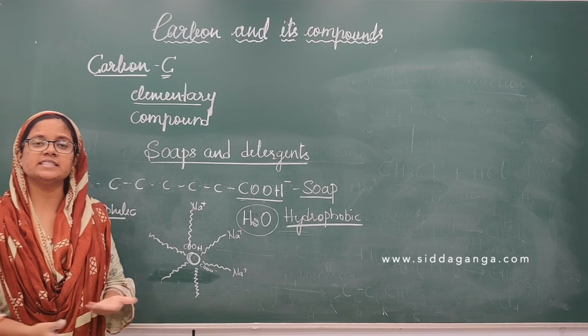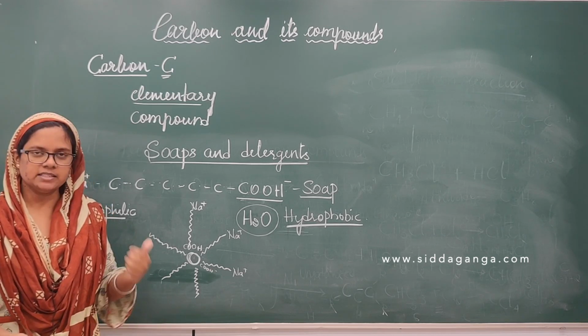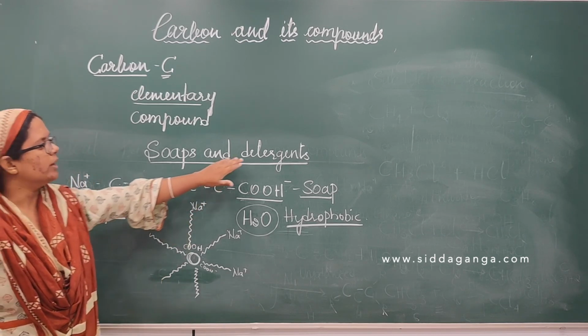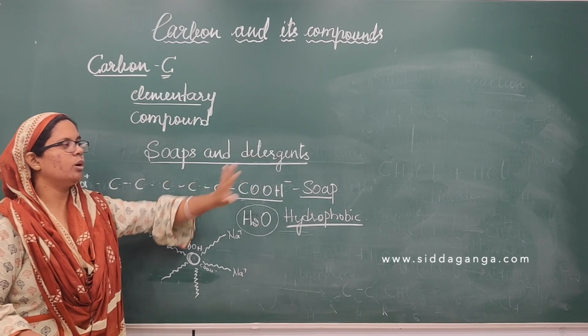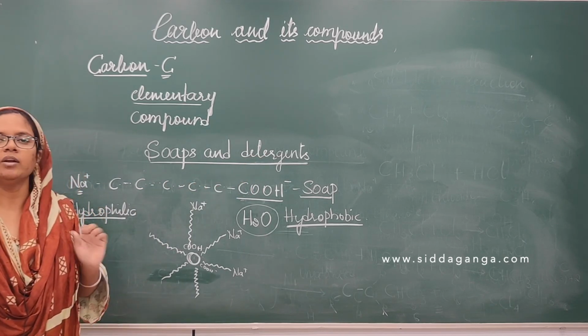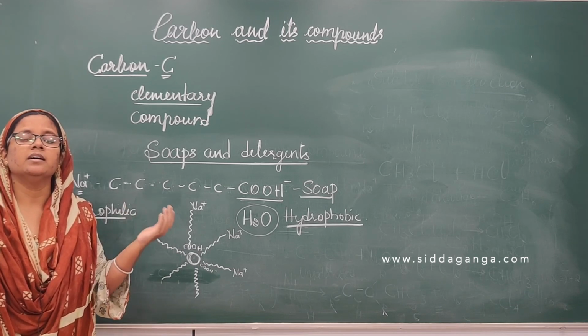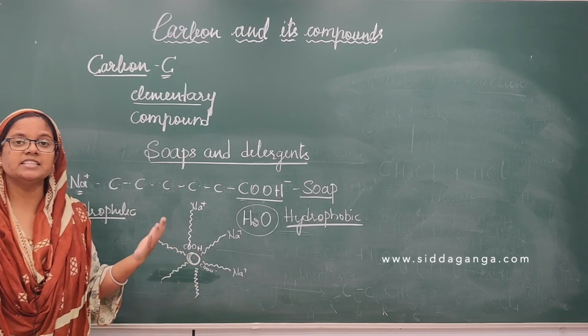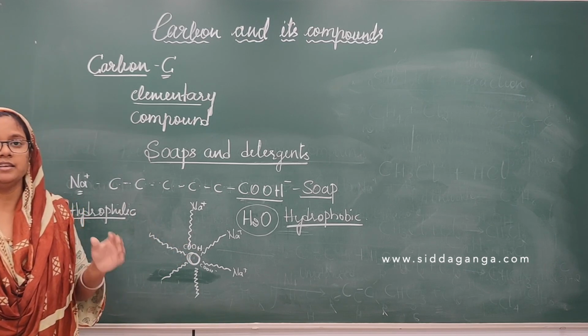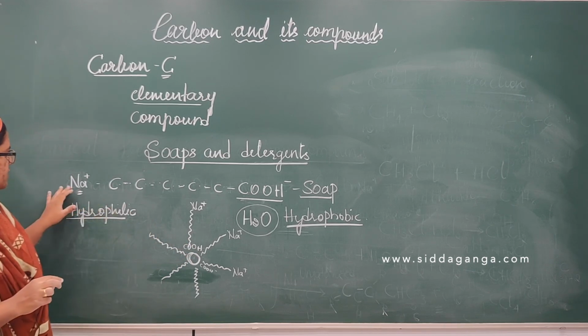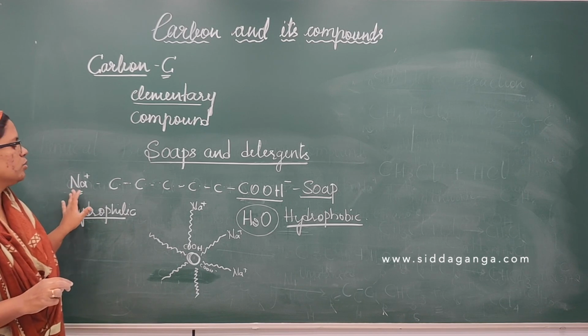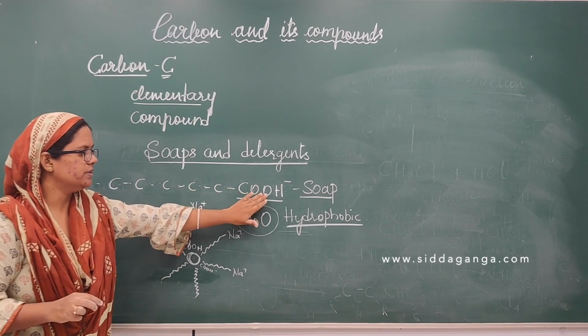So what to do in such circumstances? In such circumstances, we have one more carbon compound called detergents. What are these detergents? These are the sodium salts of sulfonic acid. Sulfonic acid will be there, as we see here. Sodium and carboxylic group is there.